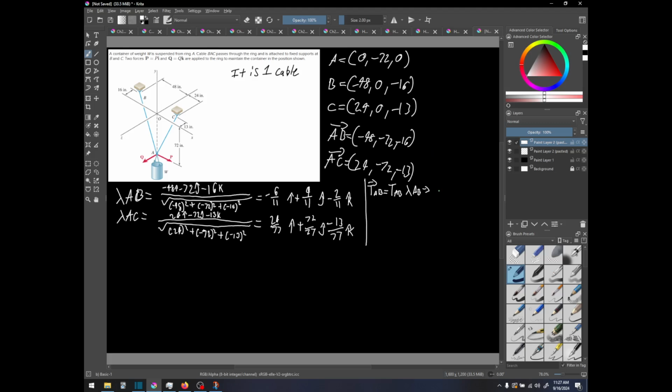So all that is going to be the negative 6 over 11 i hat plus 9 over 11 j hat. It's going to be that all over again.